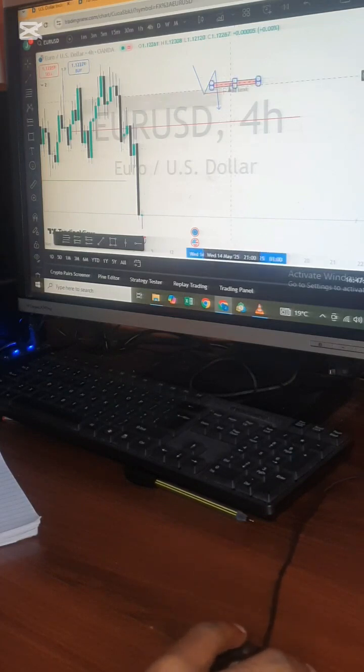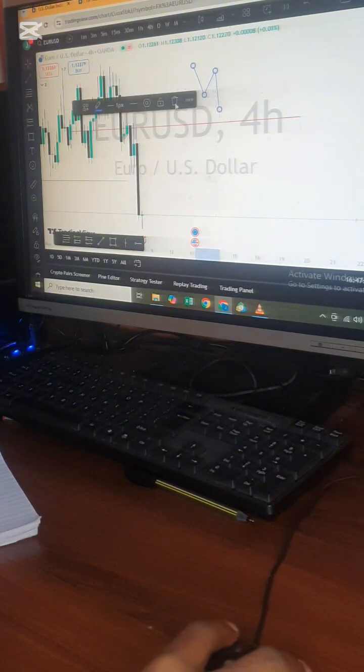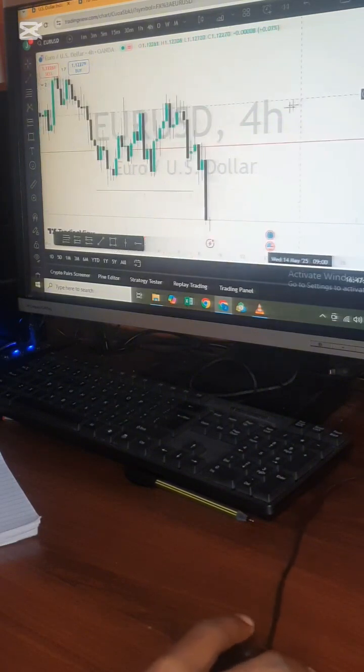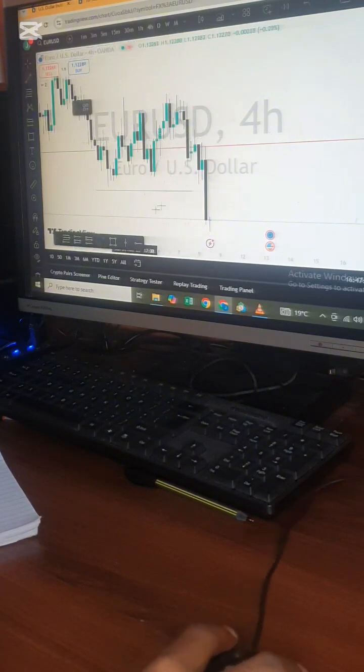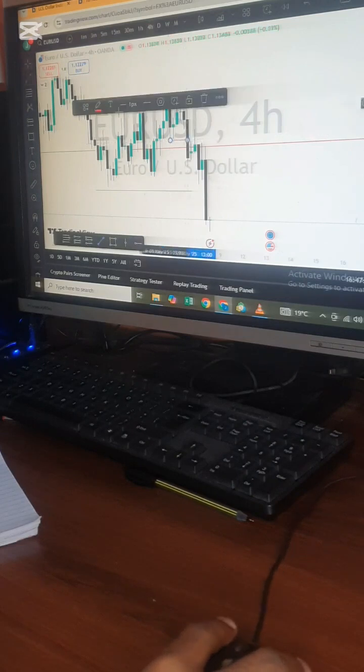As you can see, here is the market structure shift. Once more, this is my very best. So this is how we get the trade. As you can see, this is the market structure shift.